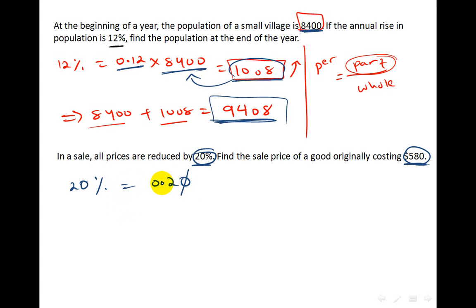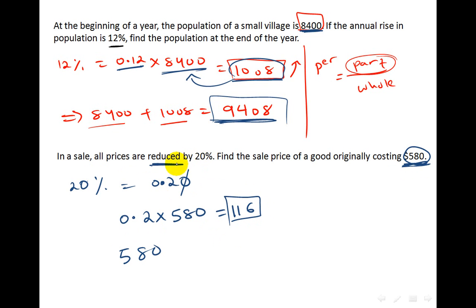Of course, this last zero doesn't make any sense because it's not a significant number, so this 0.2 will be multiplied by the original amount of money, which is 580, and you'll have 116. So this amount of money is reduced from the original price, so here you have to subtract because you have a sale and a reduction. So 580 minus 116, the new price after sale will be $464.